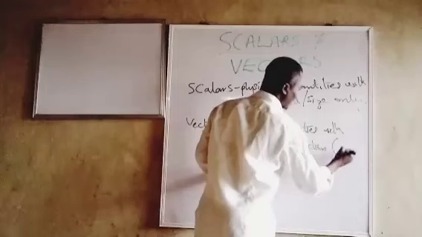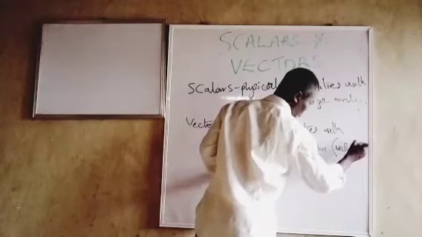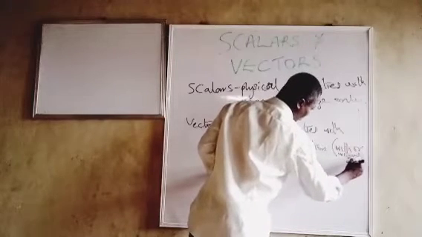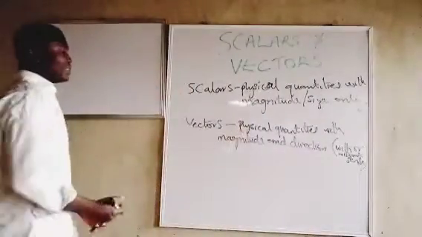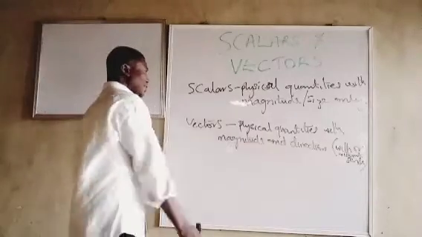Sometimes you can say with or without sense, because in showing the direction, the sense can be easily identified. And what do we mean by sense? Either the positive direction or the negative direction.